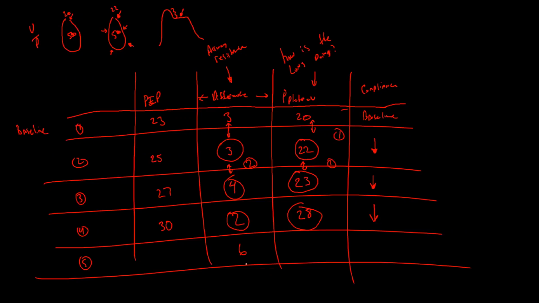Right. Okay. But I'm determining it by this column right here. And when you're in a test, they're not going to tell you the difference. All they're going to do is tell you your peak pressure equals 30.